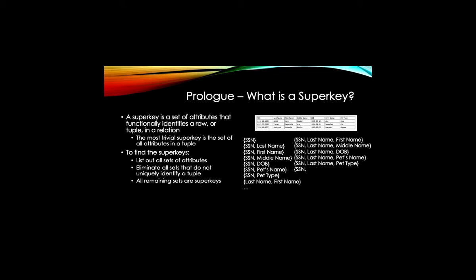So the most trivial super key in a database is every column or every attribute associated with a record. If I've got 700 attributes, all 700 of them, as long as there aren't duplicates in the table, each combination of every possible attribute is a super key. But that's kind of useless.